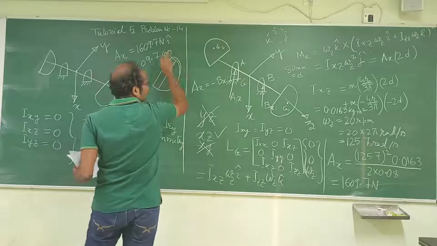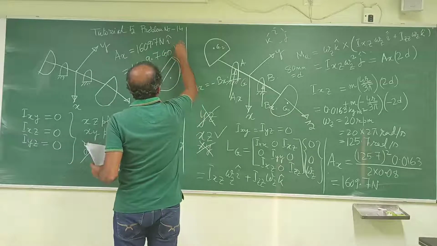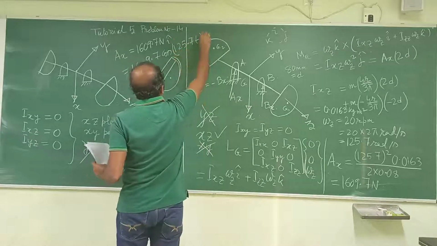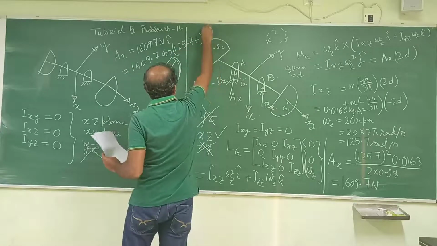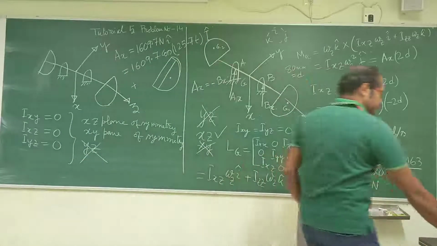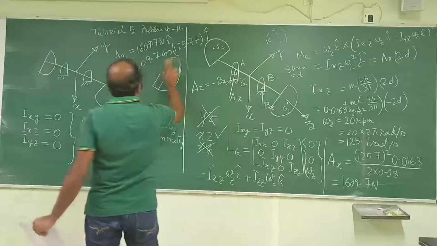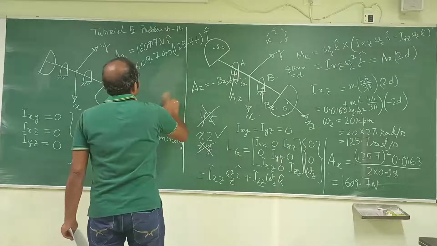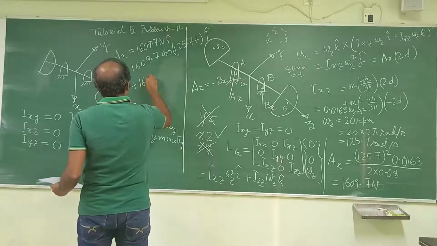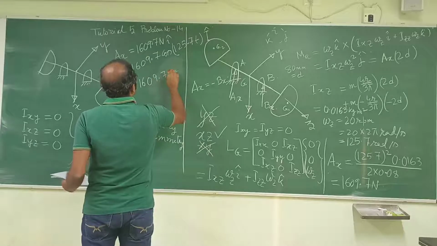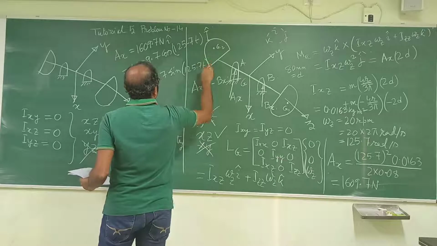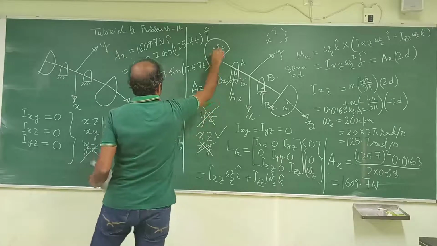1609.7 cos of 125.7 t towards capital I cap plus 1609.7 sine of 125.7 t capital J cap.